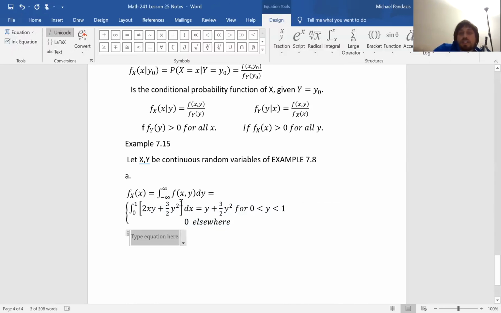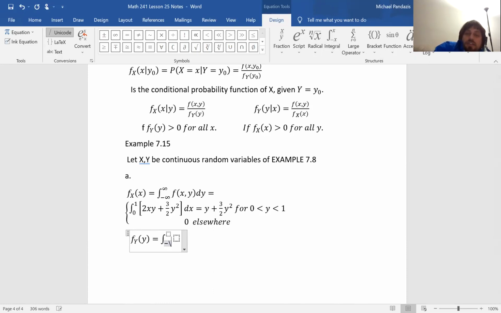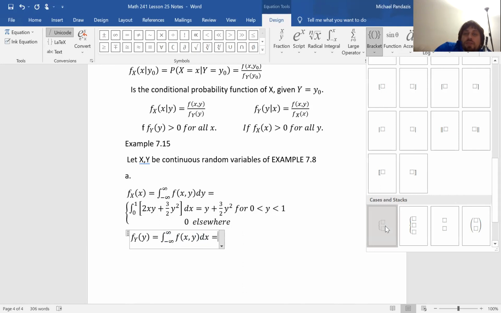This was the PDF in that example. And it went from 0 to 1. So if you have f sub y of y, it's equal to the integral from negative infinity to infinity of f of x comma y dx, and that's equal to, two possibilities, right?